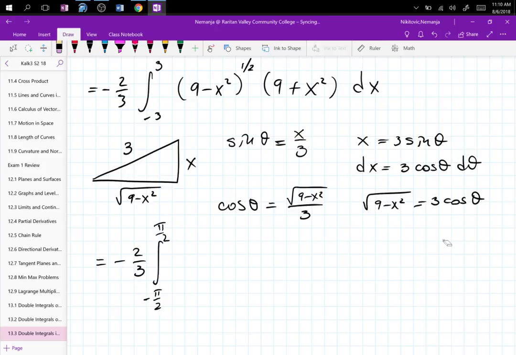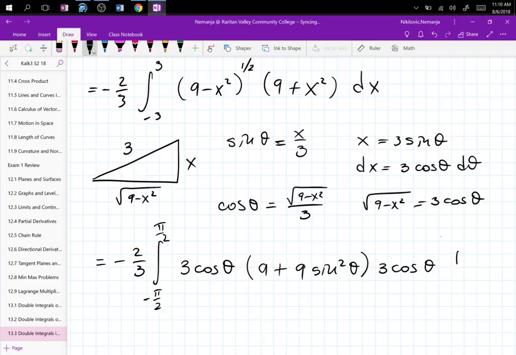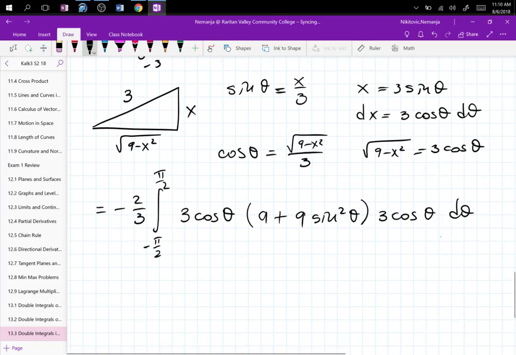And then what do we have? The square root is 3 cosine theta times 9 plus x squared, which is 9 sine squared theta, and dx is another 3 cosine theta d theta. Beautiful. There we go. -2/3 integral. You know what? Kill this third.